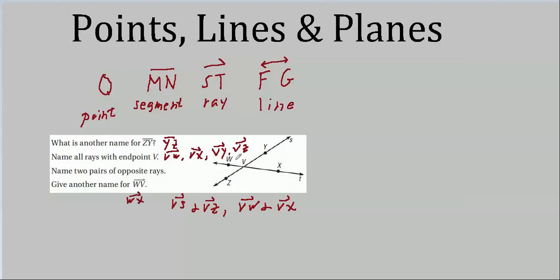So the ray WX would refer to the same as this. Remember, rays go off to infinity, so the endpoint is important. After that, it doesn't really matter which point you use to define the ray. That's not true for a segment. WV and WX would be completely different segments because we identify segments according to their endpoints.